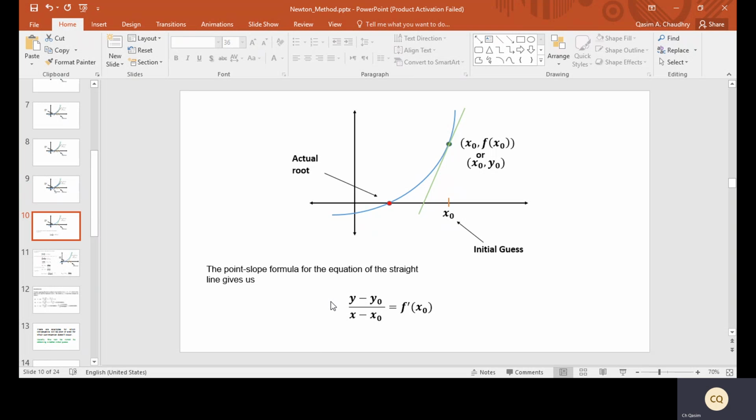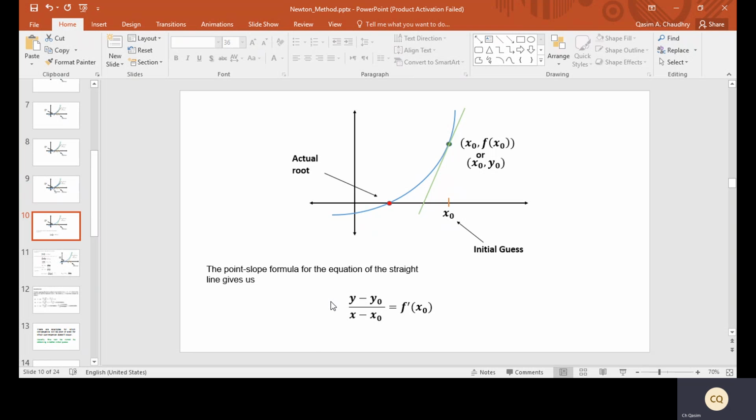Students, if you don't remember this formula, I may simply recall for you the equation of the straight line where you have 2 points. That was y minus y1 is equal to (y2 minus y1) over (x2 minus x1) into (x minus x1).